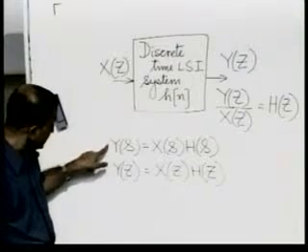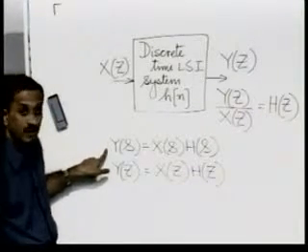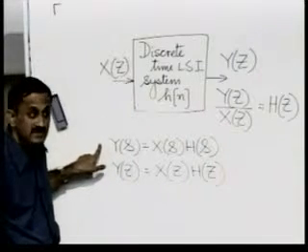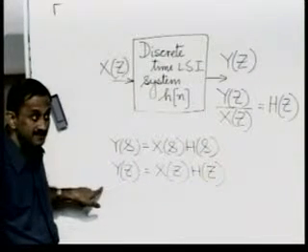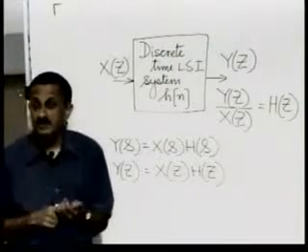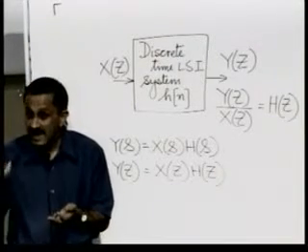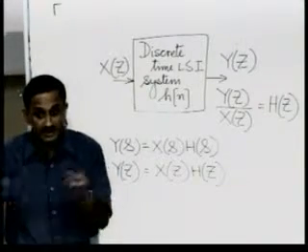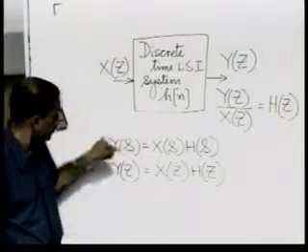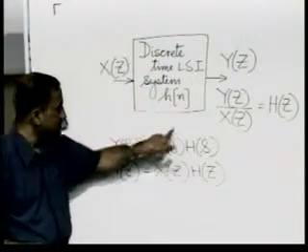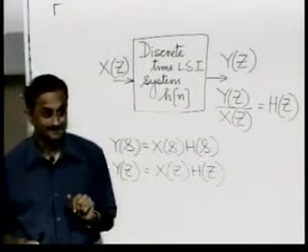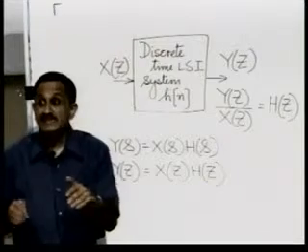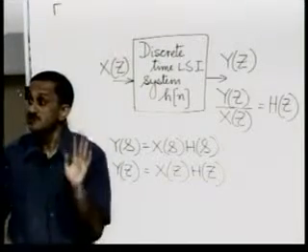The components of the output along a particular e raised to the power of st or z raised to the power of n depend only on the components of the input at the same e raised to the power of st or z raised to the power of n. And the relationship is that the output component is equal to the input component multiplied by the system component. In effect, there is a decoupled relationship between components.